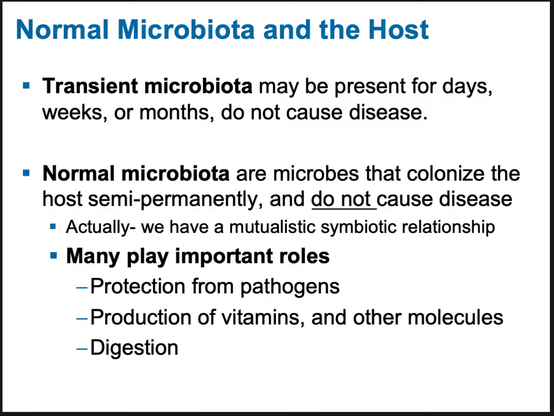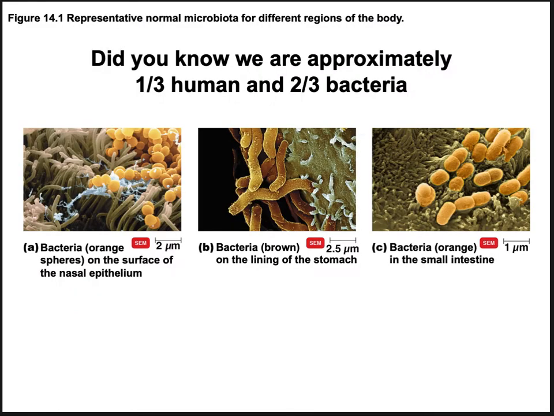So really cool, exciting stuff, the field of gut microbiome. So you are actually only 1/3 human, and you are about 2/3 bacteria between all the bacteria that live in your gut, which is the vast majority of our microbiome. But also we have bacteria that colonize our skin, our nasal passages, right? Our mouths.